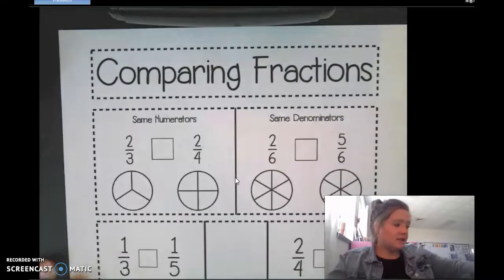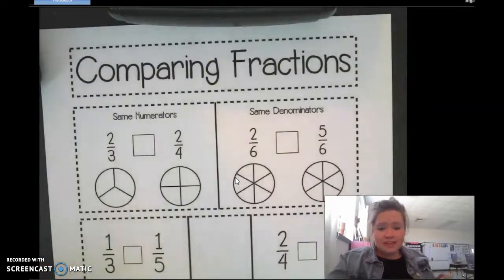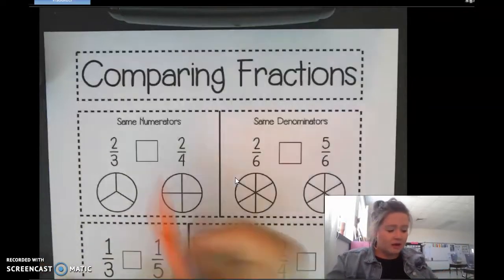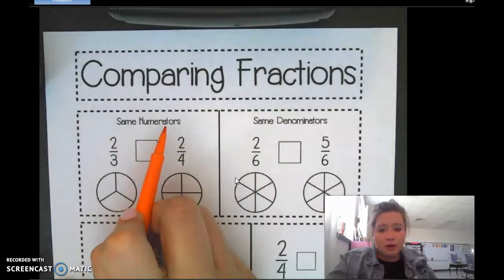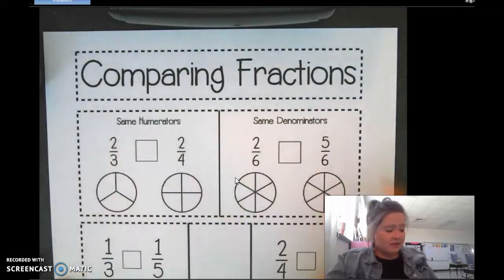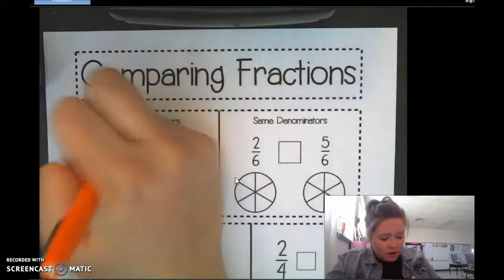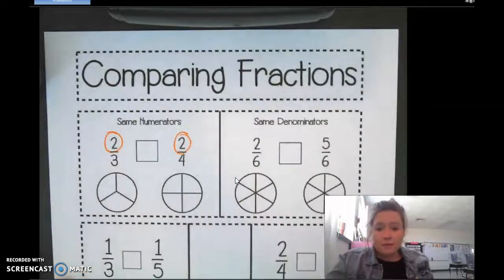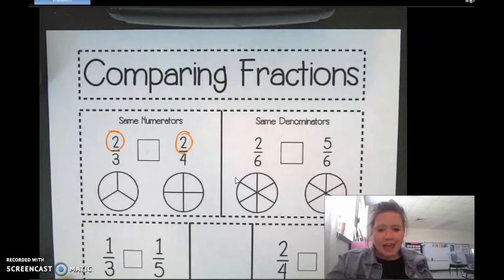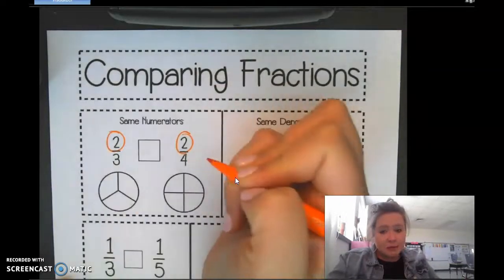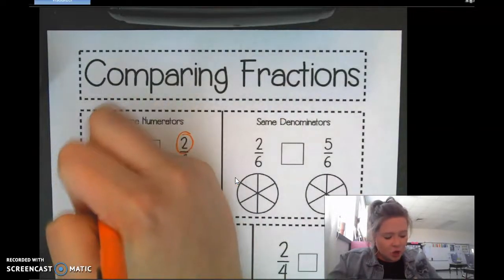All right, so with today's lesson, again, we're going to be comparing fractions that have the same numerators and the same denominators. Remember, your numerator is the top number of your fraction, and who remembers what the numerator represents? Good. The numerator represents the number that is being shaded or counted.